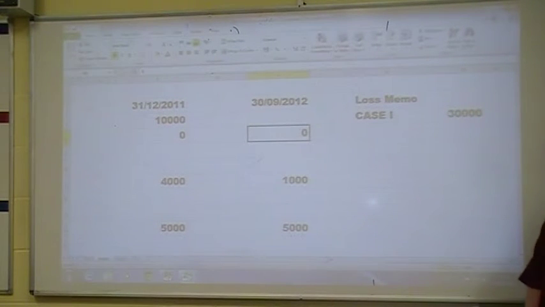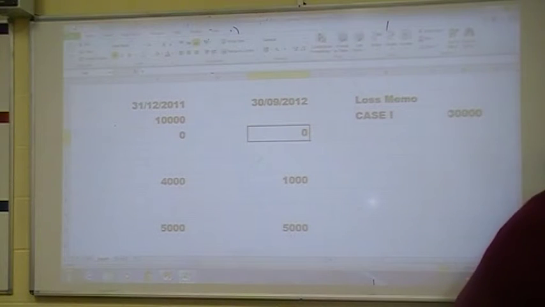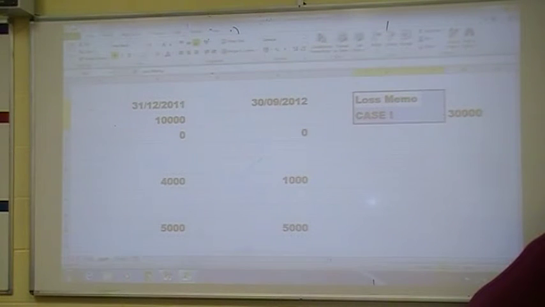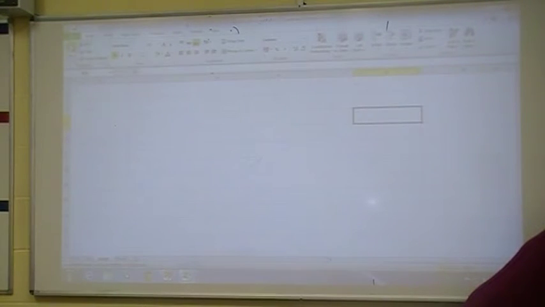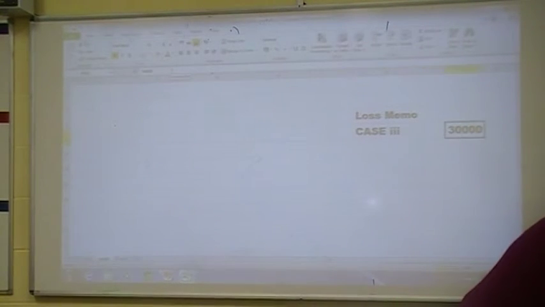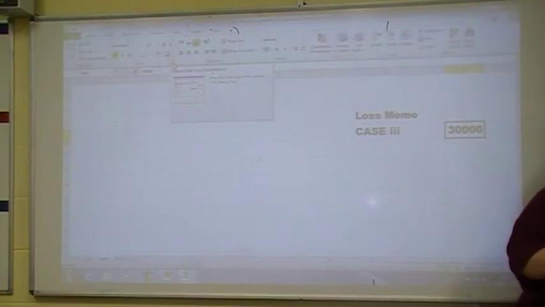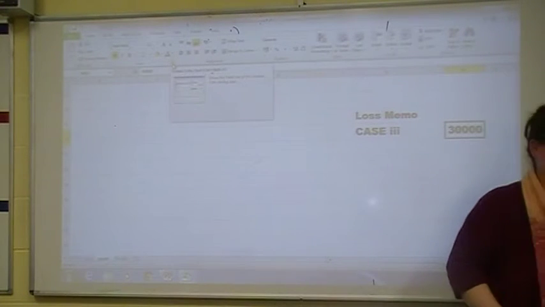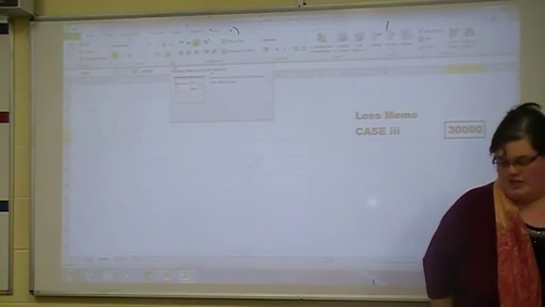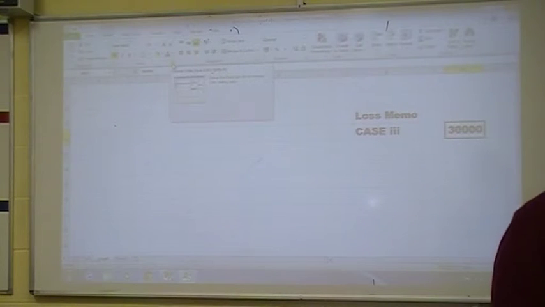Okay, then I've got my case 3 loss. How much space do you leave between them? I actually put the last number maybe on the next page just so everything won't be squashed up. I leave 1, 2, 3, 4.